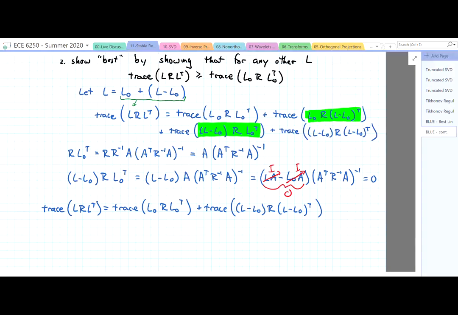Well, R is positive semi-definite, and I guess it's got to be positive definite if we're going to be dealing with the inverses of R. The definition of positive definite is that for any vector that you multiply, on the left and right in the quadratic form, you always end up with something greater than or equal to 0.